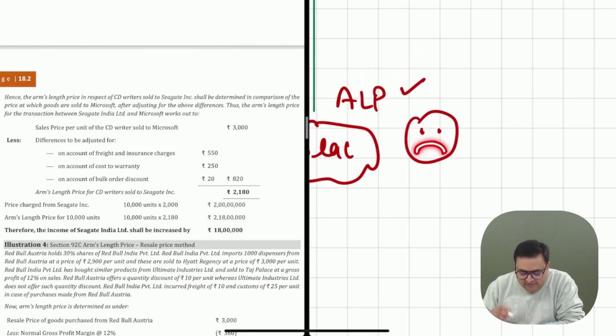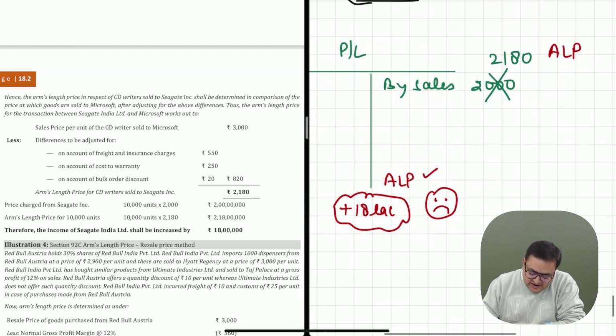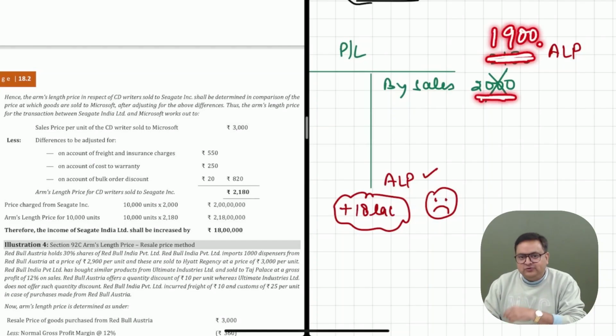When will the Indian government become sad? Let's say the ALP for this would not have been 2180. Let's say the ALP would have been 1900. So we have sold it at 2000, but let's say 2000 is not the correct price.